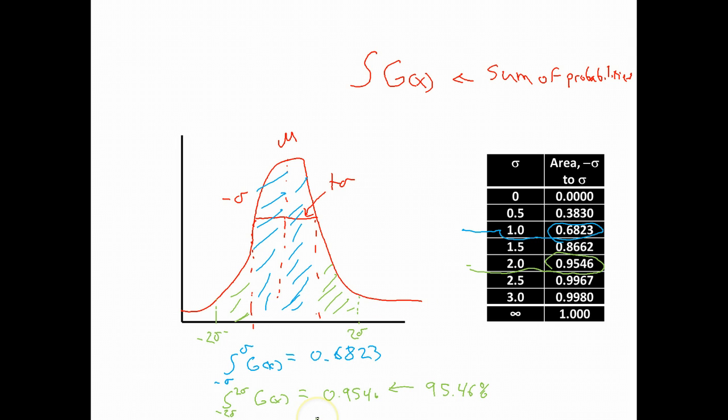Okay, so let's say if we're looking at the example from the cars, where you're looking at car seats, that means that if you're just taking some random car that you're looking at, there's a 95.46% chance that they are going to be within the range of plus and minus sigma of mu.